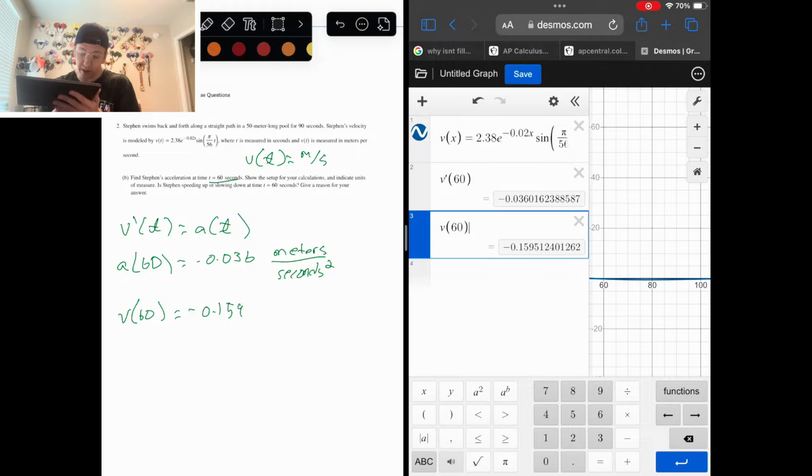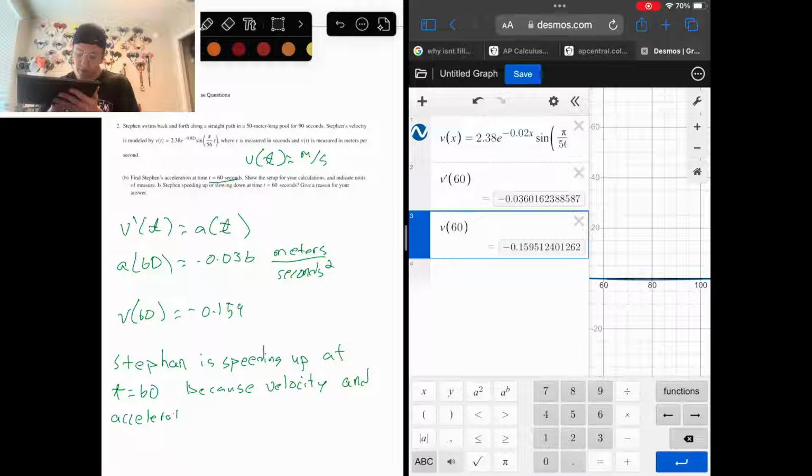So Steven is speeding up at t equals 60 because velocity and acceleration are both negative. I'm going to put same sign.